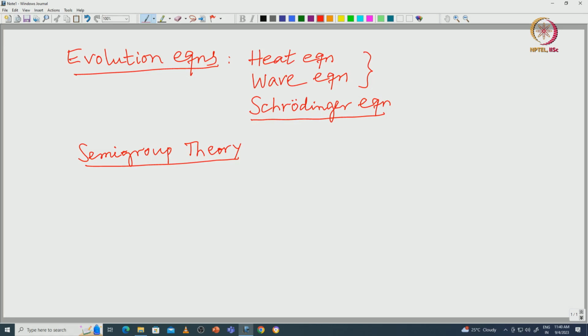So this is an important branch of mathematics itself. So we thought of giving some brief discussion about semigroup theory.